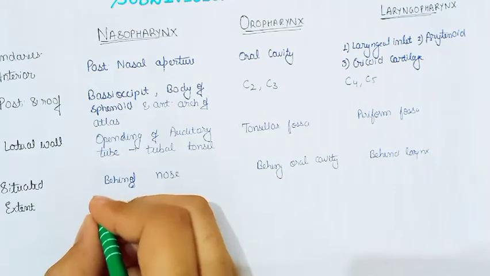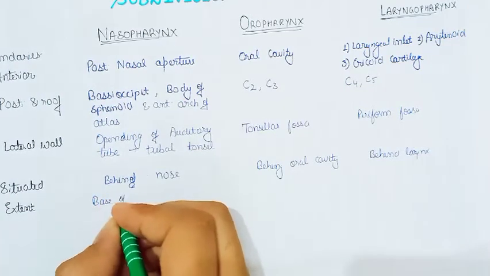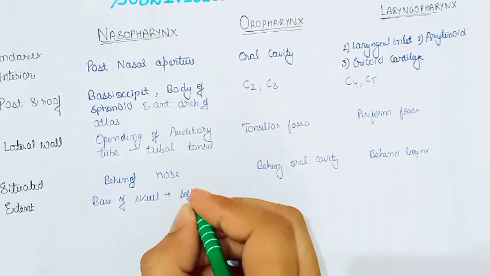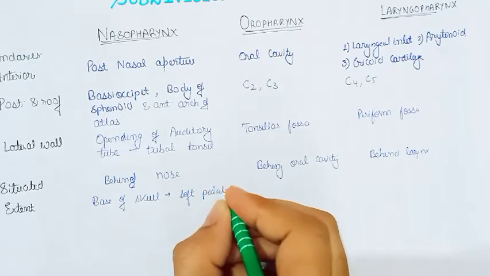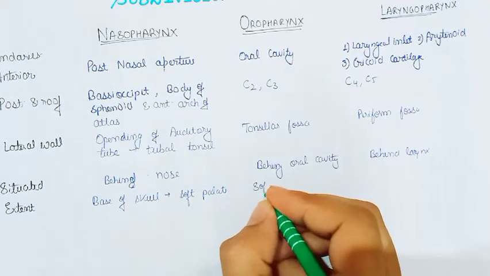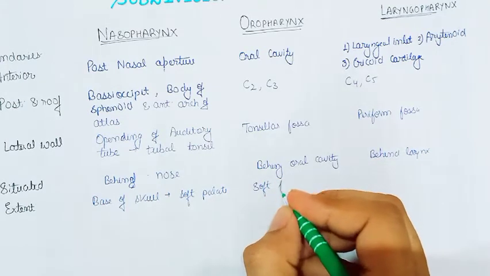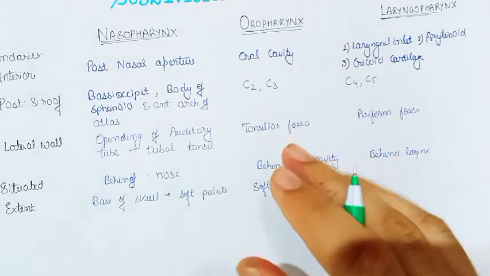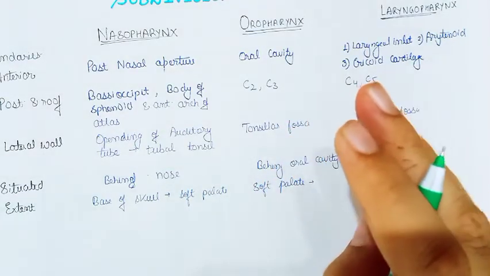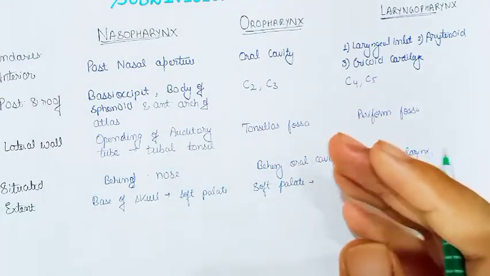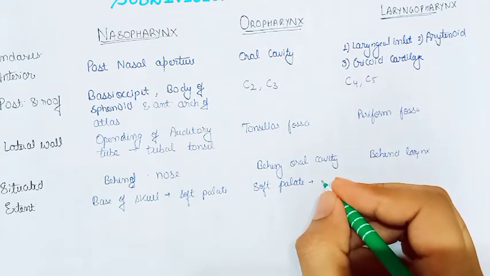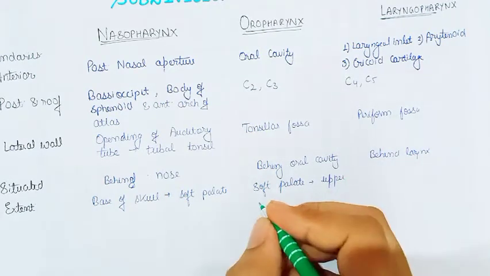The nasopharynx extends from the base of the skull to the soft palate. The oropharynx extends from the soft palate to the upper border of the epiglottis. We'll also discuss the other features, like the lining epithelium, the communication and the function.